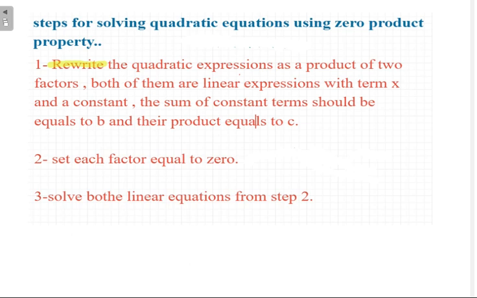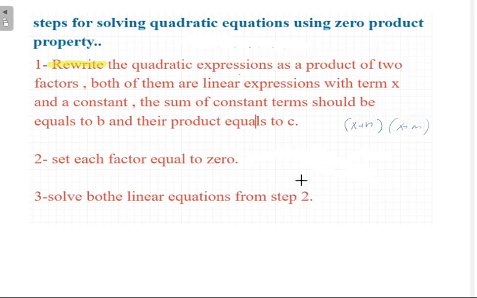All I need here is to factorize the expression with two factors, then two brackets, two factors. Both of them have x and have a constant. Let's call them n and m.